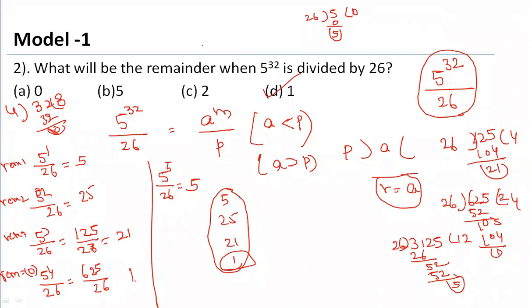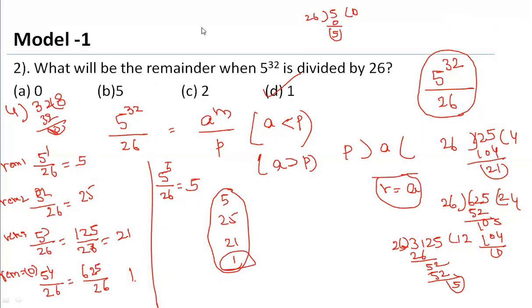I'm reiterating the process once again. After this is done, you can give me a value where A is greater than P, and we can discuss that and then answer the question, guys. Don't feel that the calculation is a little lengthy. We are trying to understand the process. Not all the time are calculations going to be lengthy; it depends upon the denominator value they have given. What is the remainder when 5 power 32 is divided by 26?